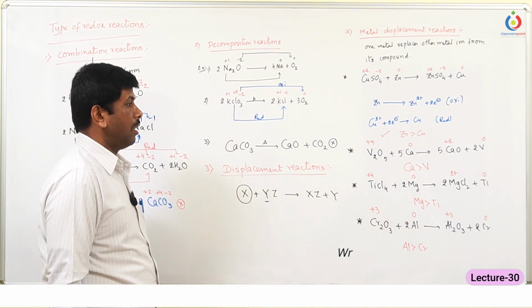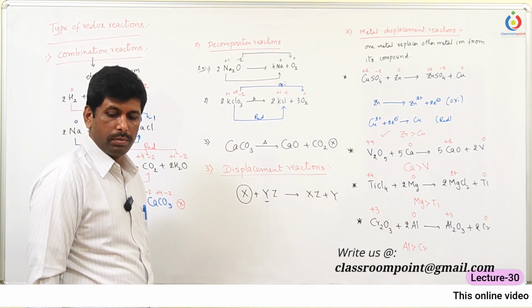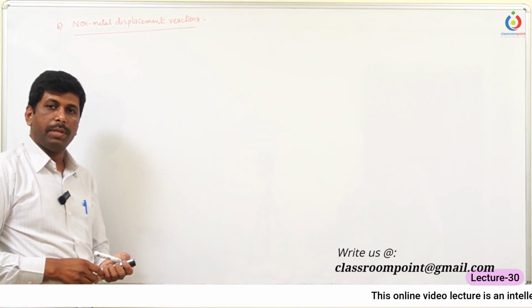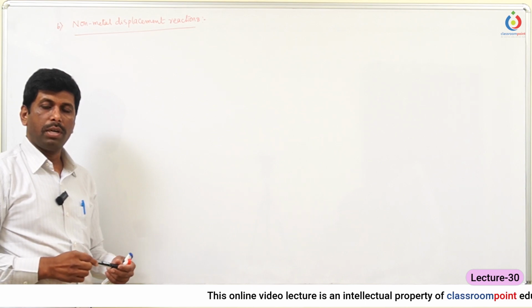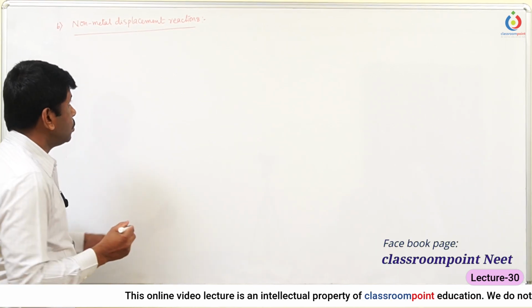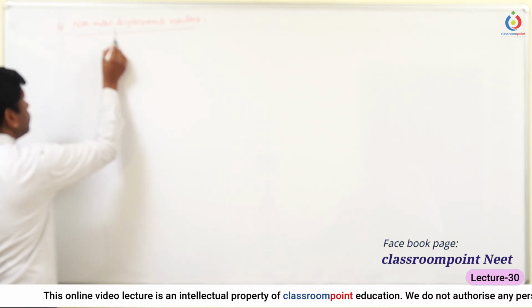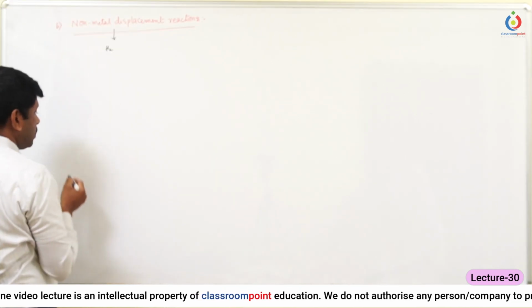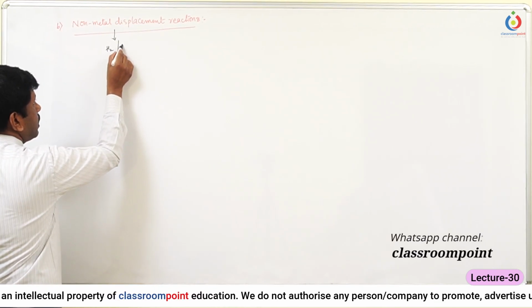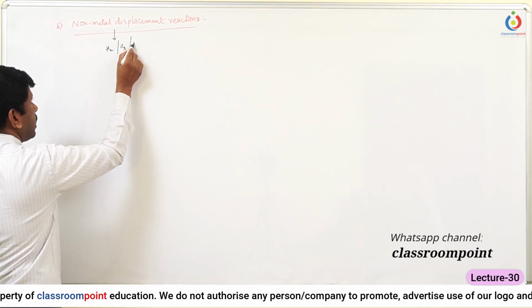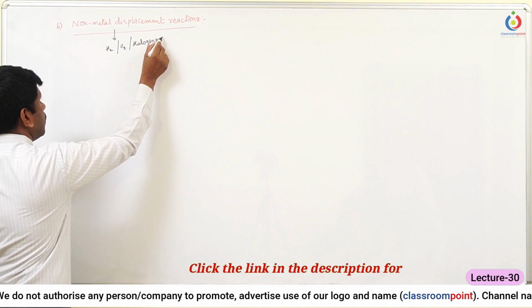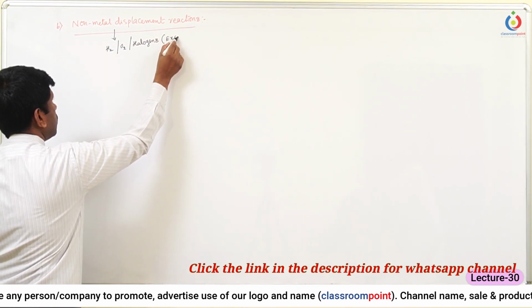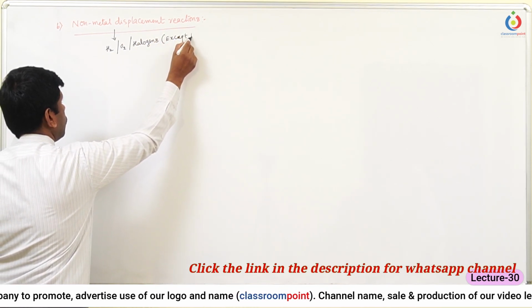Let us see the non-metal displacement reactions now. In these non-metal displacement reactions, usually a non-metal is replaced, means a non-metal is removed from its compound. Usually that non-metal could be hydrogen in most of the cases, in some cases it is oxygen, and in some cases halogens, except fluorine.